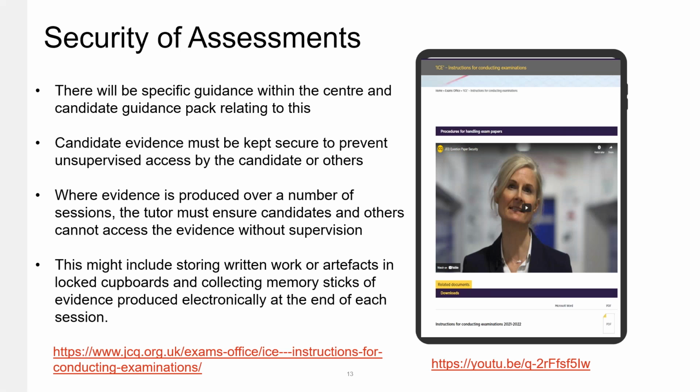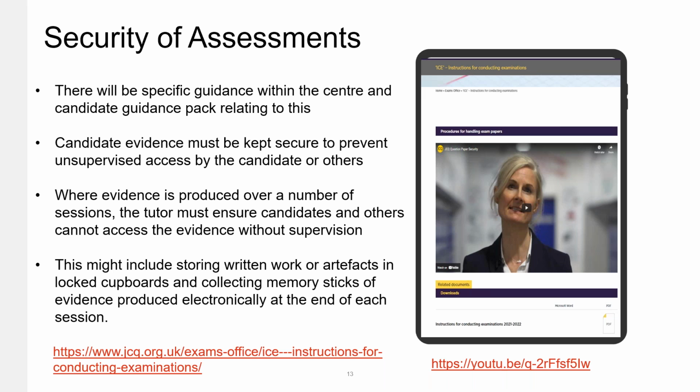There is going to be very specific further advice and guidance published in mid-March, and that's going to provide you and your exams officers and teaching staff with all of the administration information and support that you need for uploading the evidence and the security of exam papers and assessments, etc. But as a teacher, I know how you like to know information.